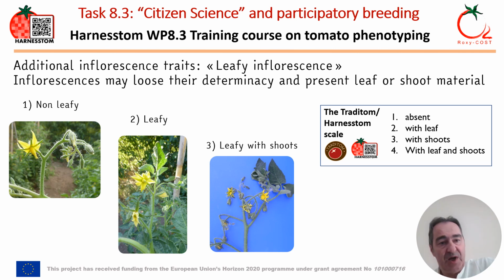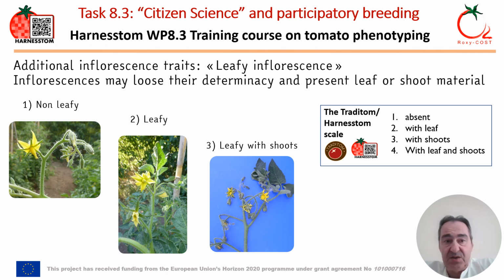In many genotypes, the inflorescence may revert to vegetative development, so becoming a leafy inflorescence. Sometimes the indetermination could even involve the development of a shoot. We refer to this trait as leaf inflorescence, and we use the scale reported in the slide: absent, with leaf, with shoots, or with leaves and shoots.